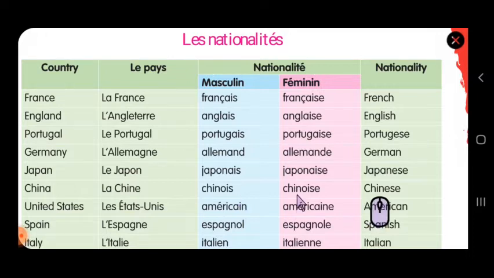United States, les États-Unis. Américain, Américaine. Here I don't pronounce the N much, half a beat, but here I give a full beat. That is the difference.